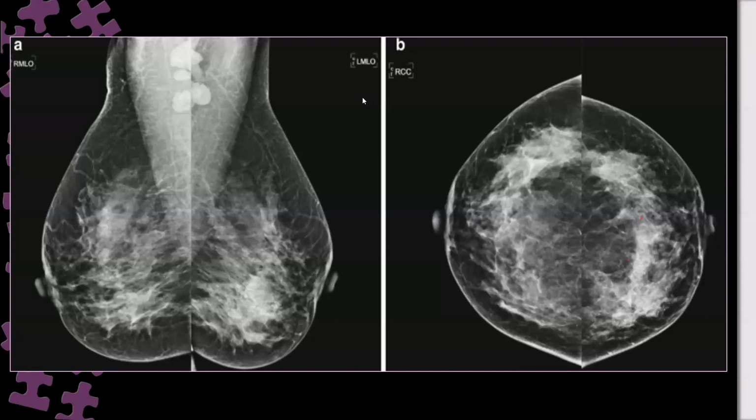Focal asymmetry. Is it a focal or more than focal? More than focal. Yeah, global asymmetry. Only asymmetry or anything else? I think there is a mass, irregular mass. I could not see a mass. I can see a global asymmetry.